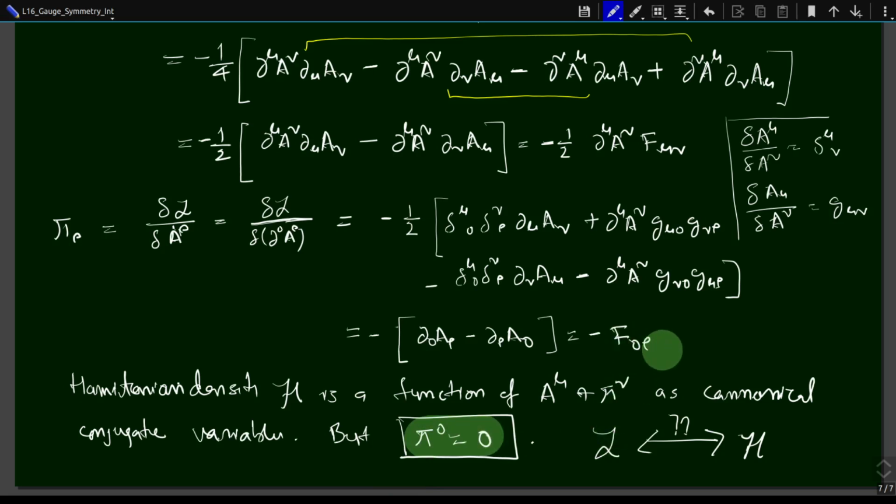okay, because f mu here is the antisymmetric tensor, so rho is 0 means f0 0, and f0 is simply 0. You look at the expression over here, it's del 0 a0 minus del 0 a0. Okay, so pi 0 is identically 0, so I don't have the momentum corresponding to 1 degree of freedom. So what do we do?